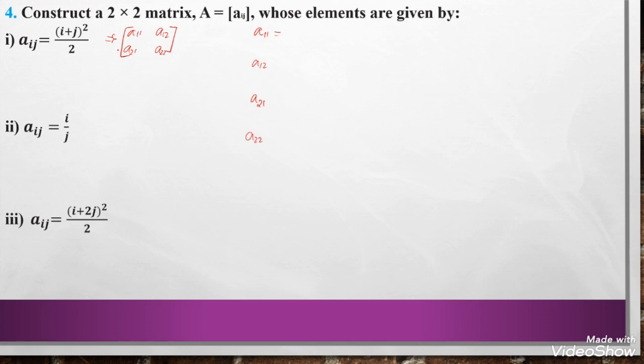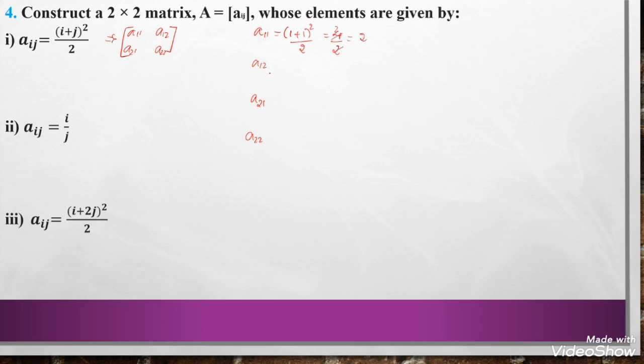First, what is the condition here? (i plus j) whole square divided by 2. In place of i, j, consider 1, 1. That is 1 plus 1 whole square divided by 2. 1 plus 1 is 2, 2 square is 4, 4 divided by 2. The answer will be 2.